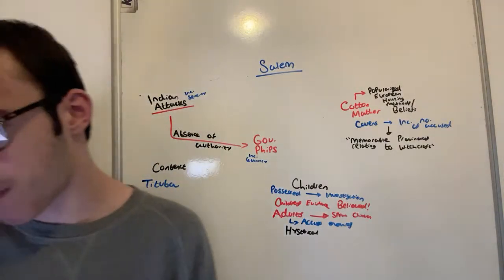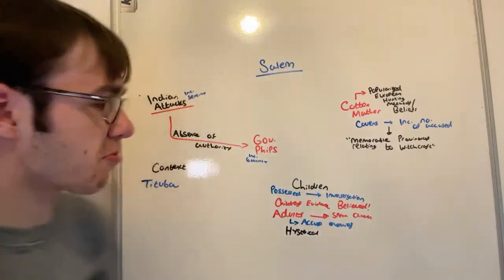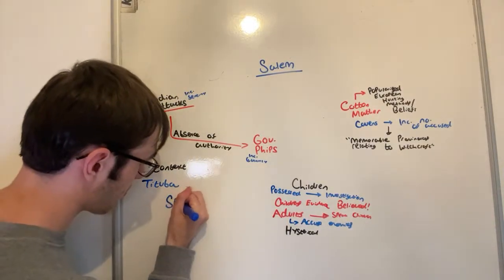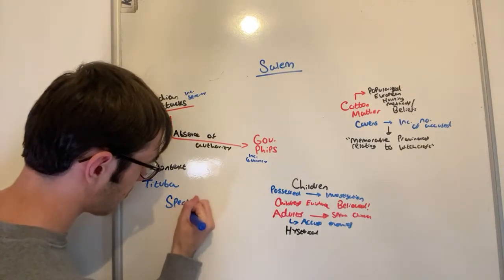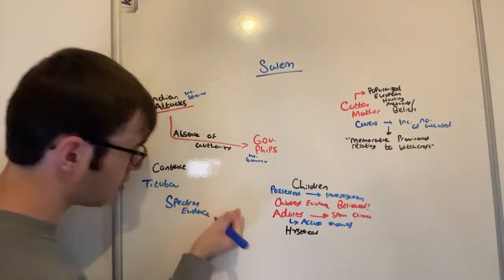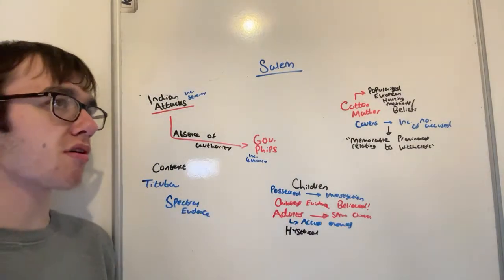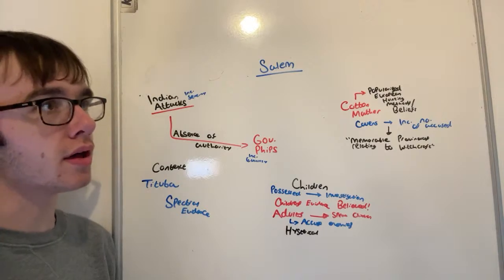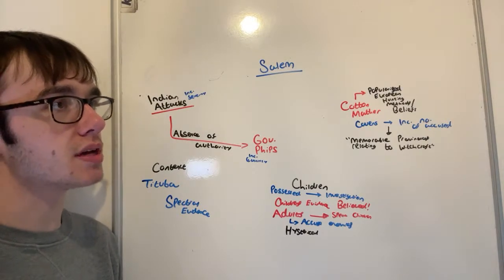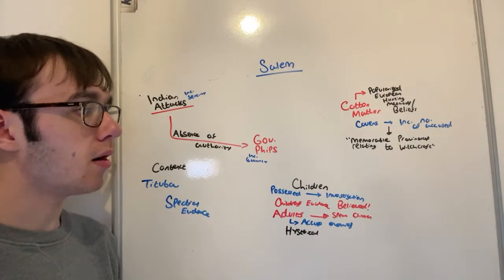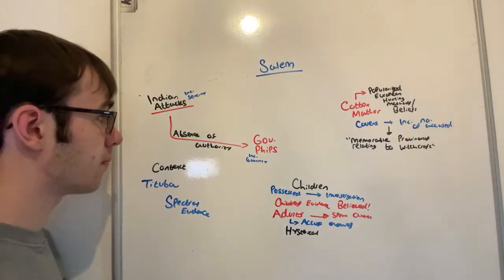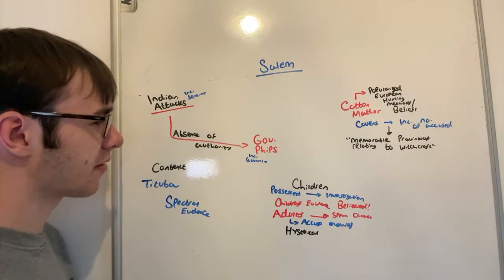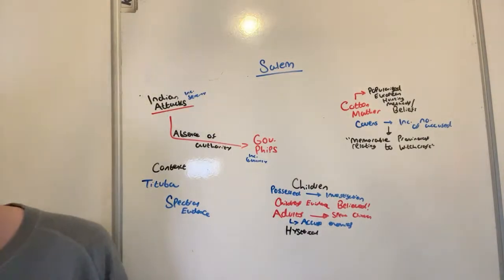Also, the context that the witch hunts were supported by spectral evidence. I don't recall what exactly spectral evidence is. I think what it did mainly was it just enabled people to lie, because it was so strongly believed, especially by people like, I think, Governor Phips, or I think Parris.